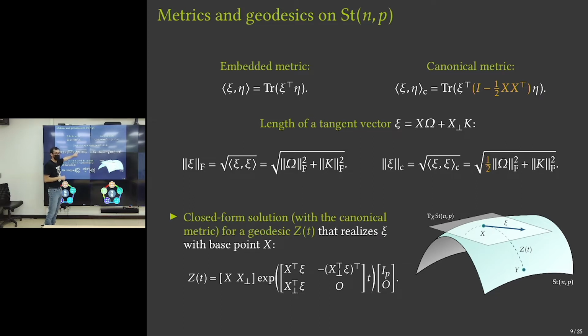So you have twice the square of these coefficients. So you put here 1/2, so they are considered only once, which is more natural, because this takes into account the fact that the true degrees of freedom of this manifold are less than n times p.